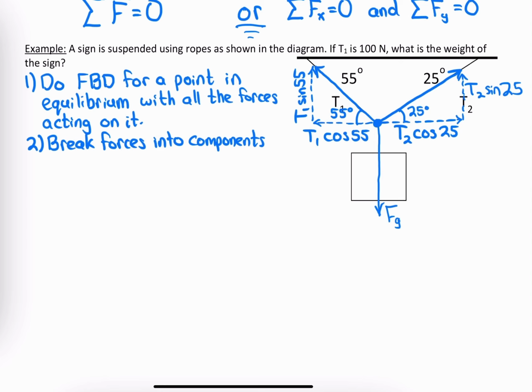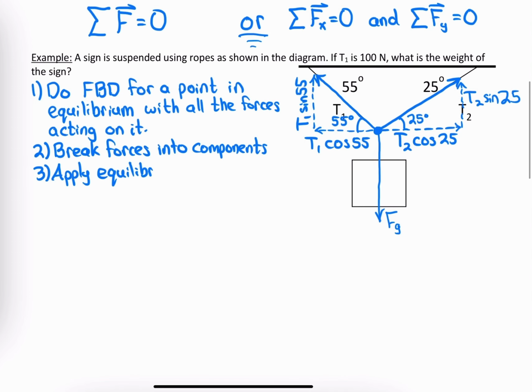And now I'm going to use my third step, which is apply the equilibrium condition. Our equilibrium condition, remember, is the sum of the forces is 0, or if I'm working with components, the sum of the forces in X is 0, and the sum of the forces in Y is 0.